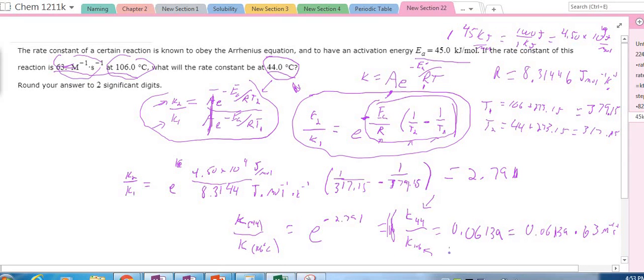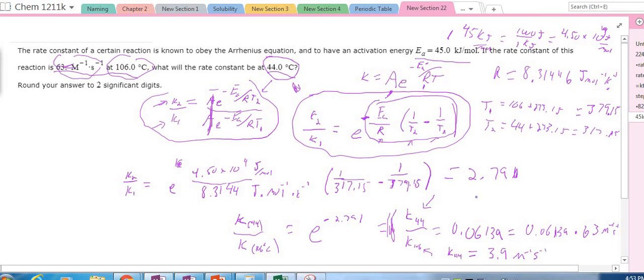And so K at 44 degrees is going to equal, after we do all that and account for sig figs, 3.9 inverse molar inverse seconds.